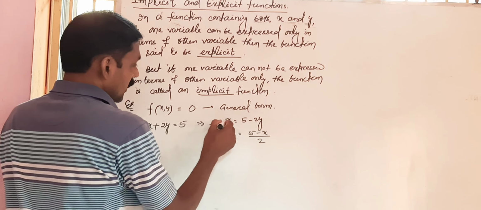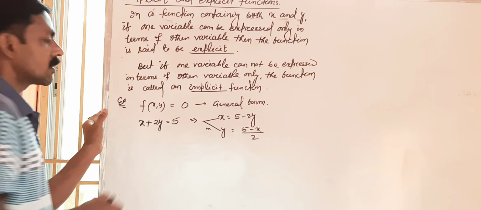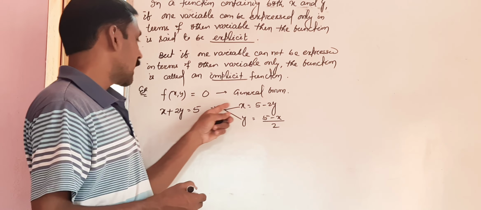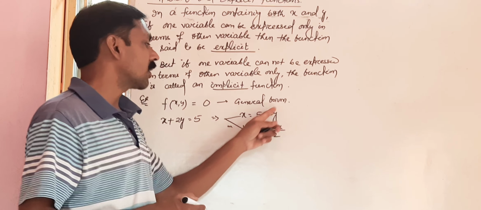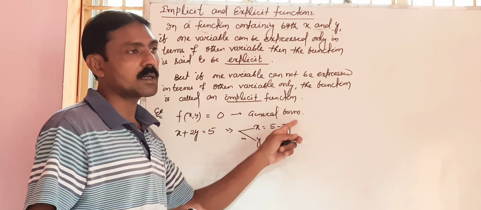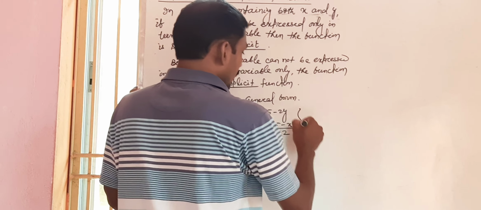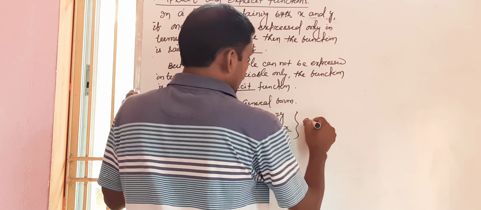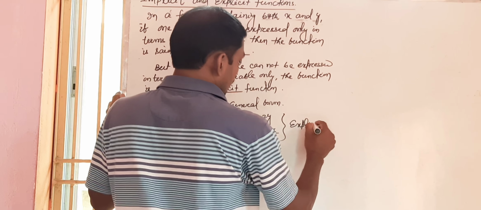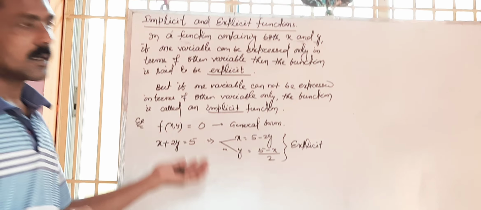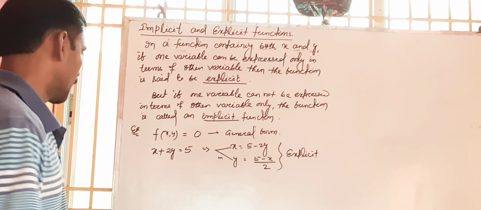So this contains two variables x and y, and easily we can write one variable in terms of the other. Here only y is there on the right hand side, no other variable. Here only x is there. So this type of function is called explicit, where one variable is expressed only in terms of another variable.